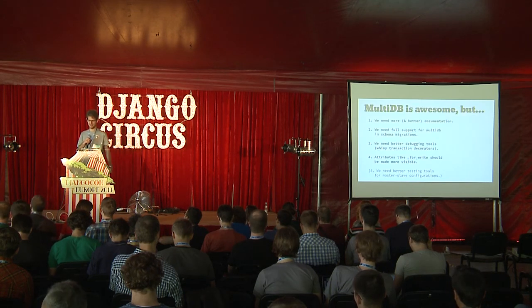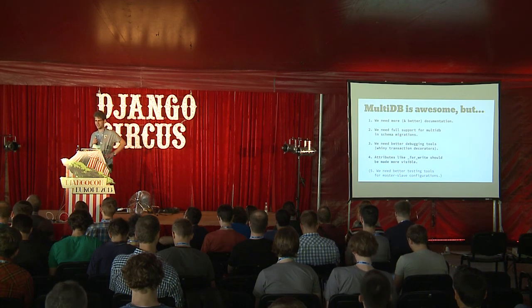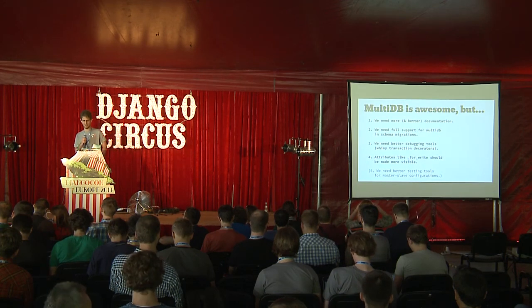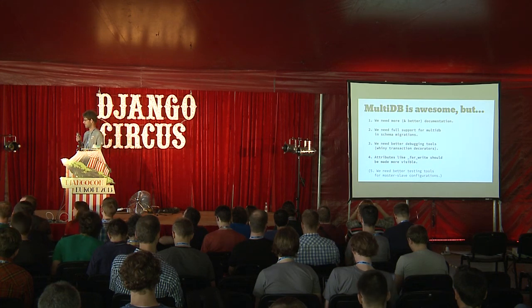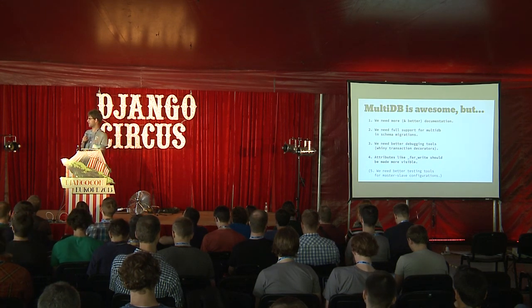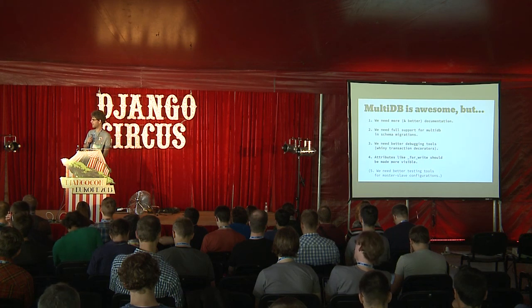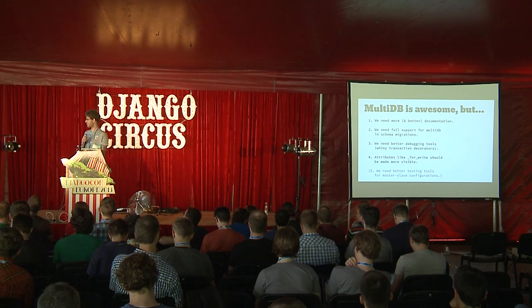So concluding, multi-DB is awesome, but we need more and better documentation. We need full support for multi-DB in schema migrations, and better debugging tools. That's also one thing I would like to work on during sprints: transaction decorators which check that you are not decorating some method with a transaction, and then committing in a whole different connection in a different transaction, because it wouldn't make sense.